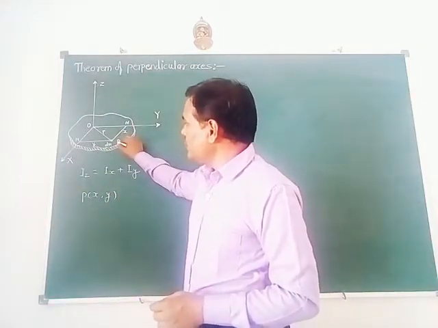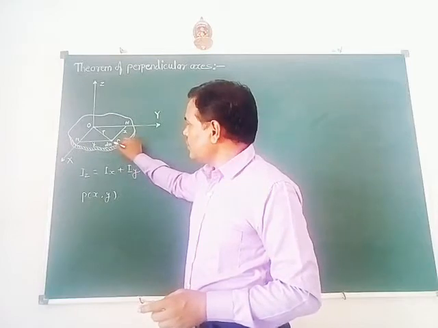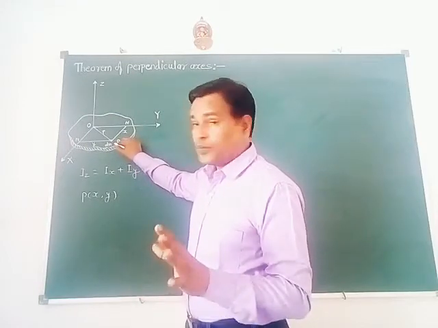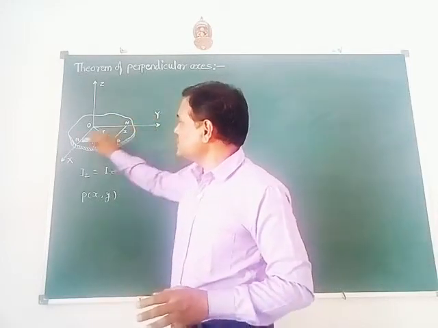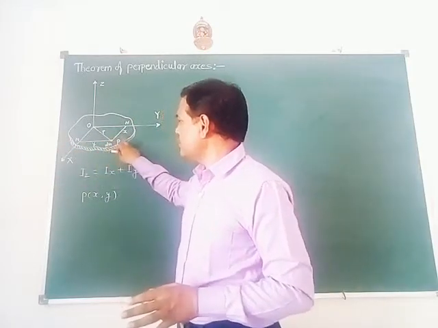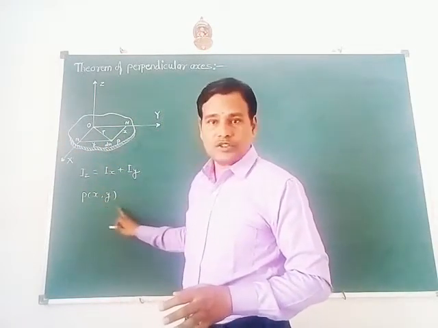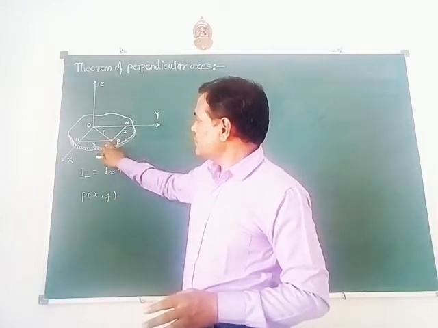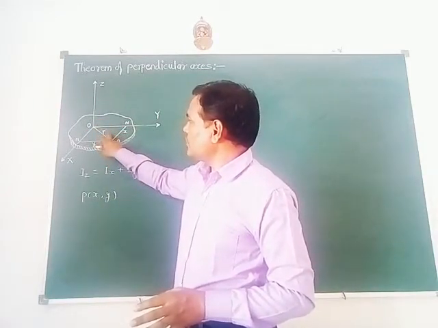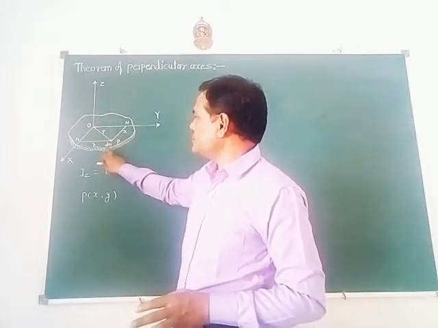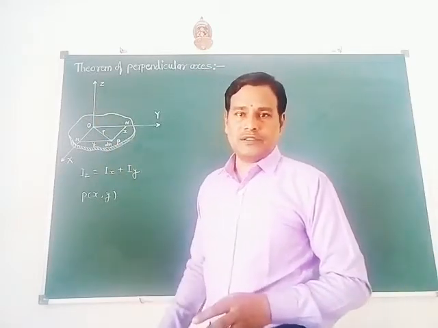At point P, draw perpendiculars on the y axis and on the x axis, such that point P has position coordinates x, y, and let small r be the distance of this point P, that is of mass dm, from the z axis.